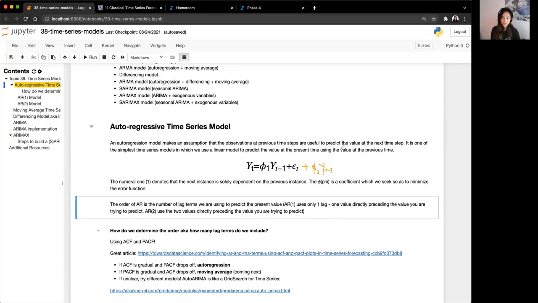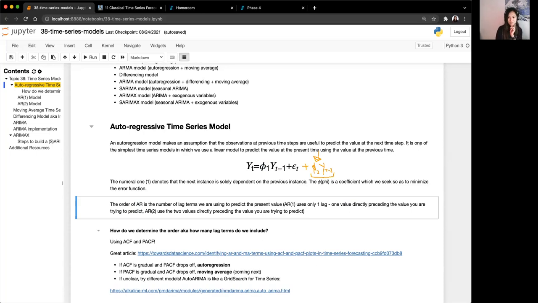If you have an AR(2) model, it means that the prior 2 time steps are important in coming up with the prediction for the next time step. This phi is what we're trying to figure out the optimal values for, in the way that the algorithm optimizes itself. You can add as many AR terms as you want, or as many as your EDA suggests that you add.